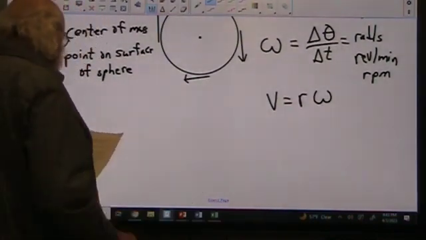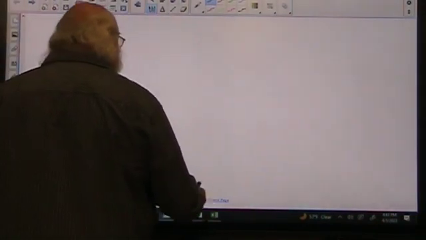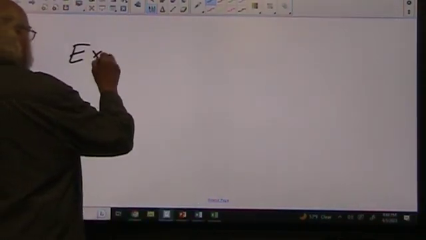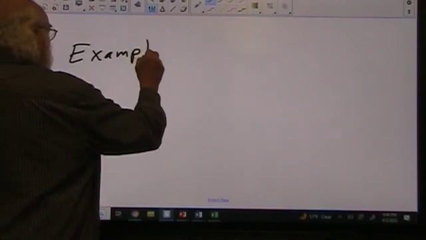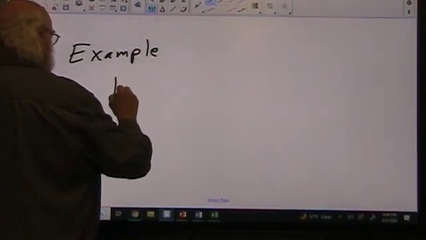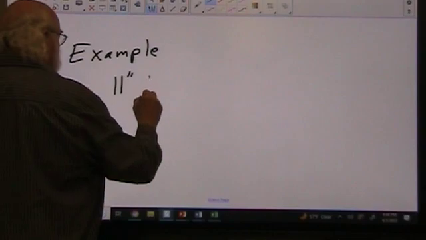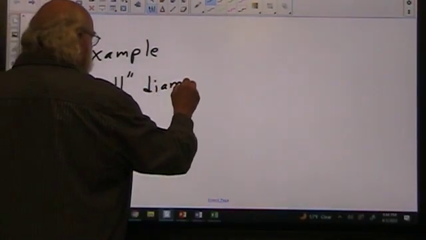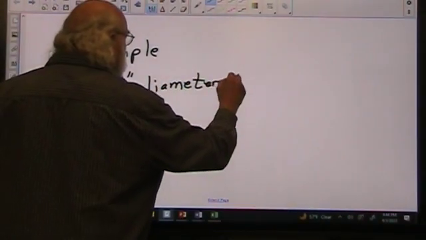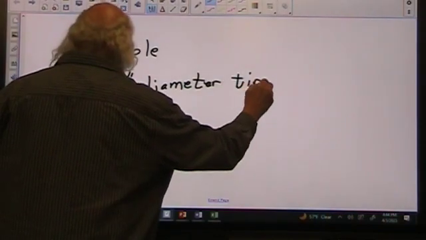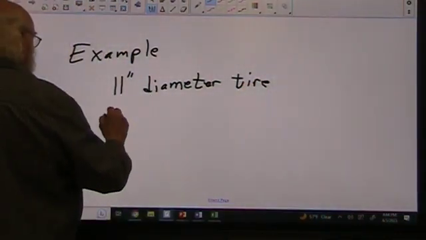So, let's take an example of this. We have an 11-inch diameter tire. And we are going to roll it at a rate.